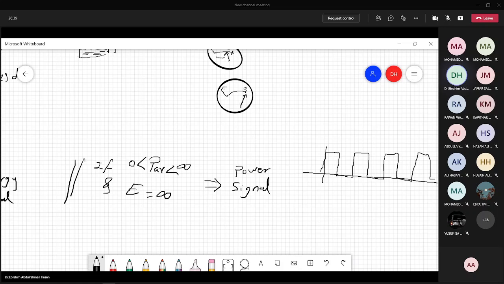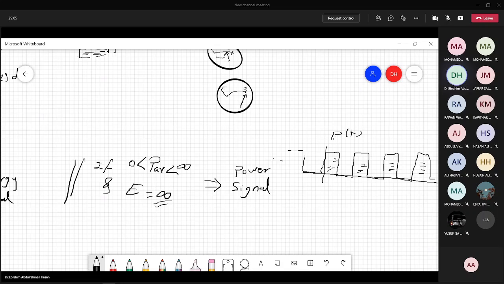See again: total energy under the curve equals this area plus this area plus this area plus this area, and so on. So total energy will be equal to infinity because it is from minus infinity to plus infinity.